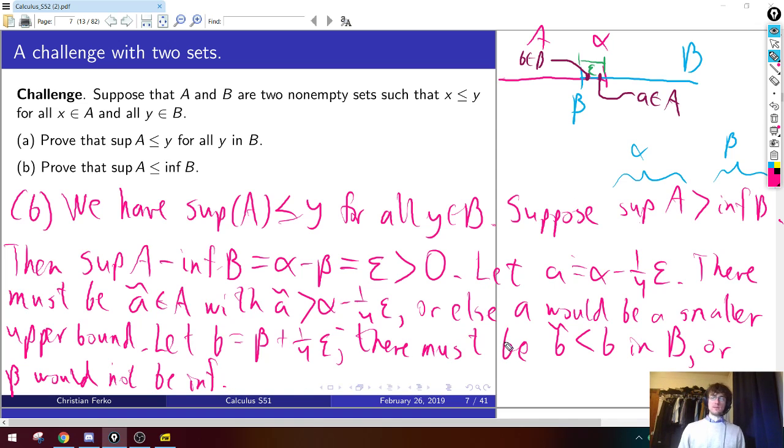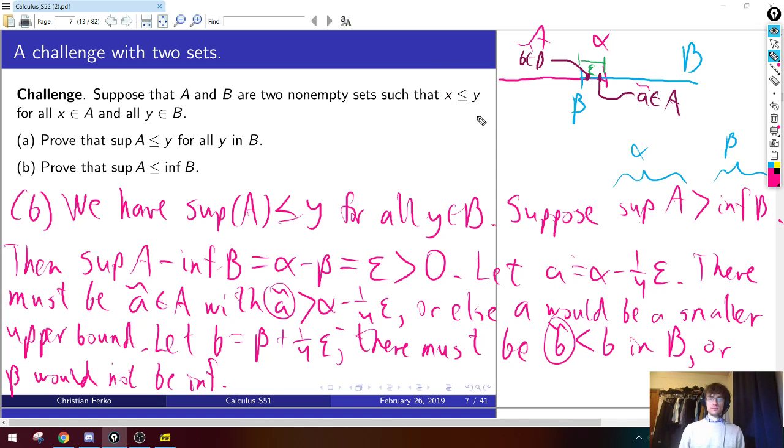Okay, good. So then last step. So what's the contradiction? Now you know that there's a B tilde and an A tilde with the property that A tilde is bigger than B tilde. So then what happens? But we were told that for all x in A and all y in B, x is less than or equal to y.